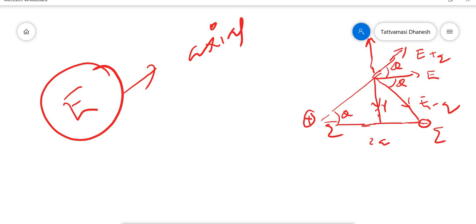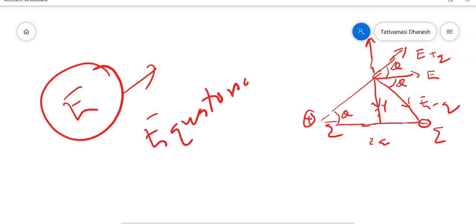So this is the figure for the equatorial position. In this video I am going to derive an expression in the equatorial position for intensity of electric field. So you know what is an electric dipole? Two equal and opposite charges separated by a very small vector distance will constitute an electric dipole. You know it.